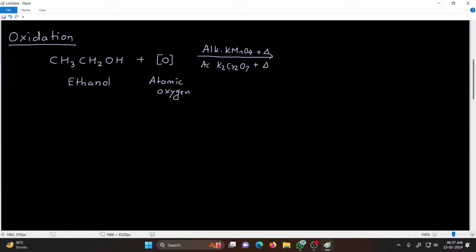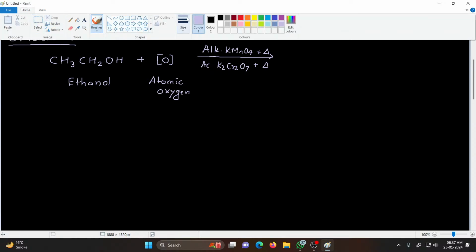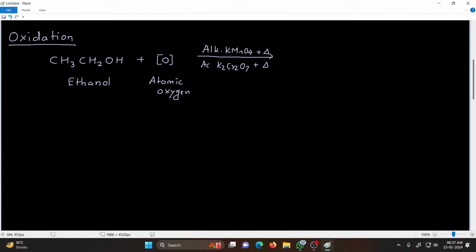So when ethanol is heated in presence of oxidizing agents such as alkaline potassium permanganate or acidified potassium dichromate, alcohol is oxidized into acid. See what happens in this reaction. You have to understand the mechanism of the reaction, then it will be easier for you to remember the product. So these two hydrogens are removed from the reactant.